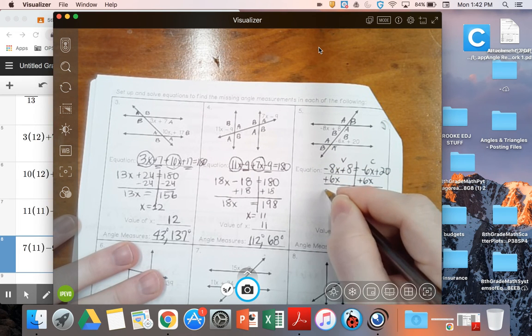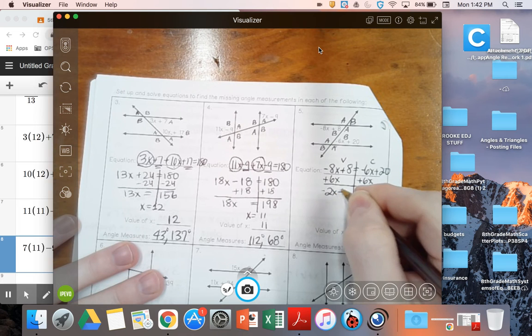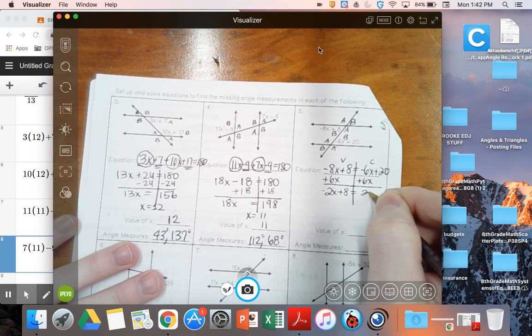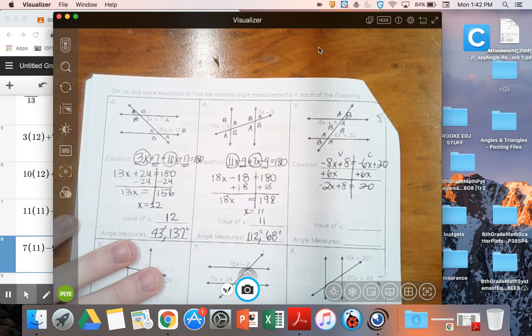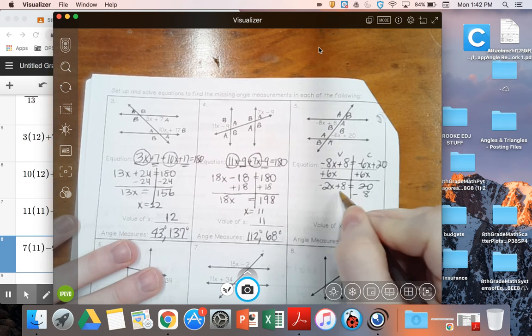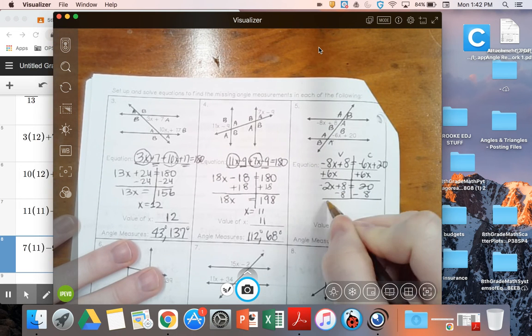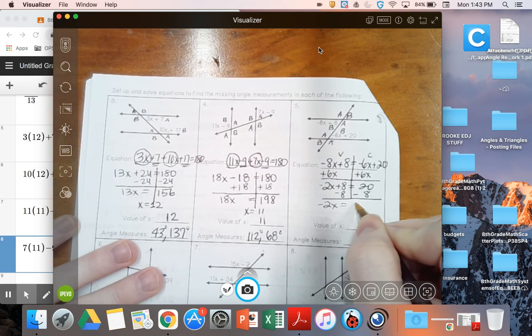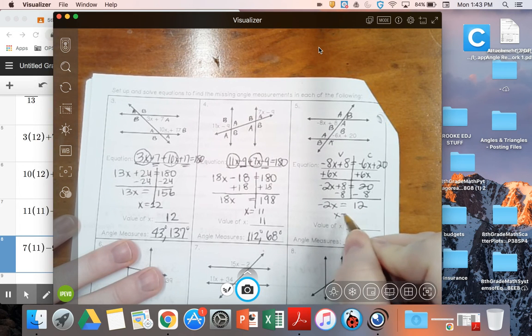Negative 8 plus 6 is negative 2. Move my constant over with the other constant 20 by subtracting. Divide by negative 2 and I get negative 6.